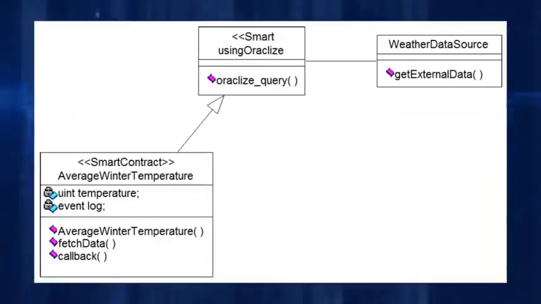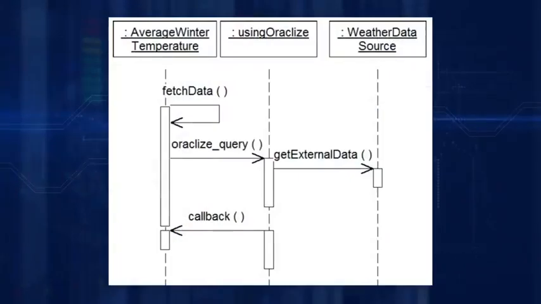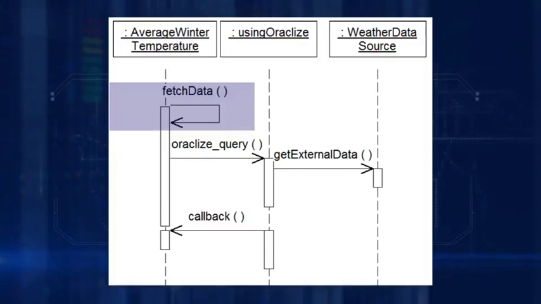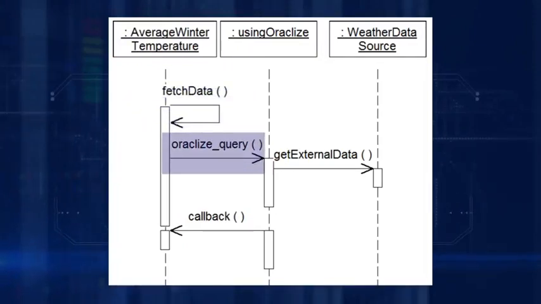Following is a simple class diagram relating a smart contract using Oraclize and an external data source. Now let's look at the sequence diagram to follow the timeline of execution of the various functions. When the smart contract AverageWinterTemperature is deployed, it calls the fetch data function. That in turn invokes the Oraclize query with the URL for the data source.